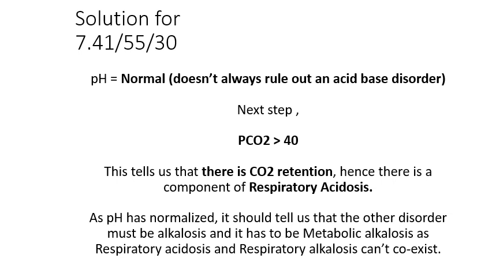I'm saying respiratory acidosis and alkalosis can't coexist because a person can't hypoventilate and hyperventilate at the same time. So in this case, the complete diagnosis becomes respiratory acidosis with metabolic alkalosis.